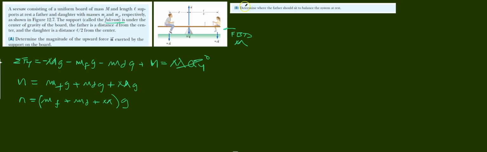And now it says, determine where the father should sit to balance the system at rest. So that means rotational equilibrium. Equilibrium. That's what we want. And that means the sum of torque about 0,0, we're going to call it 0,0, and truly about any point has to be zero.